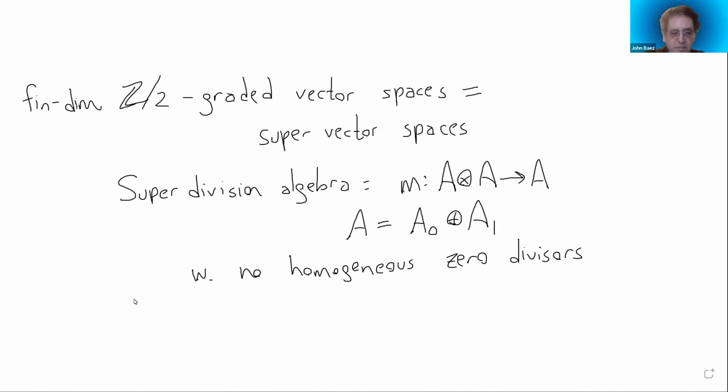I could dig into them, but the main theorem about them is that, over the reals, I guess I didn't even say what we were talking about here, but algebras over the reals, there are just 10 superdivision algebras.